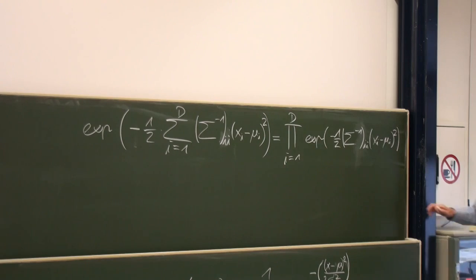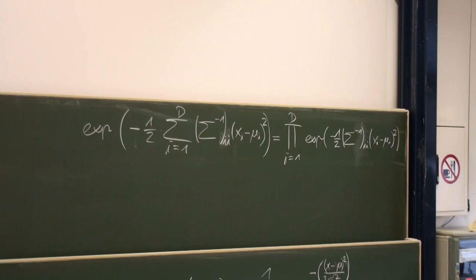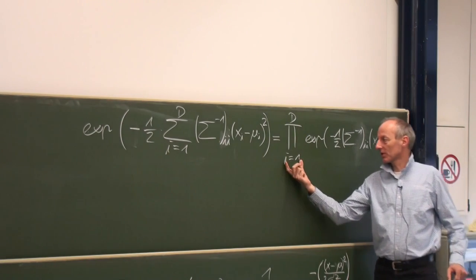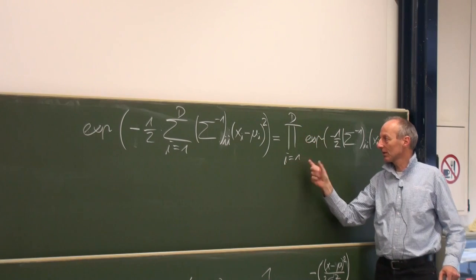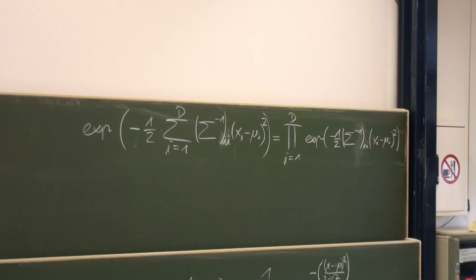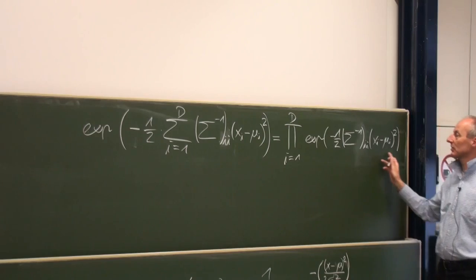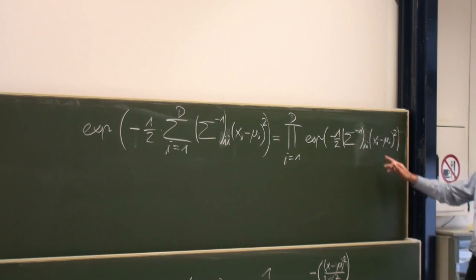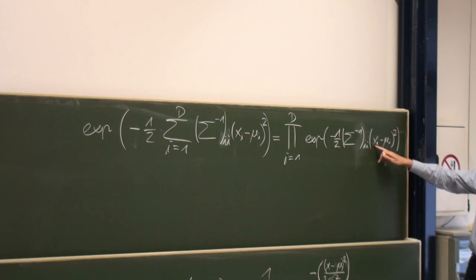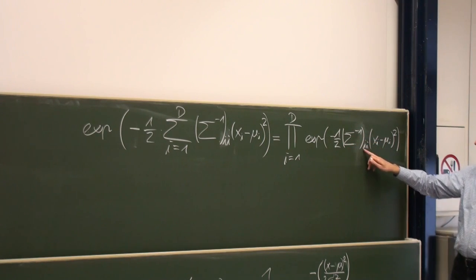So now what do we have here? I mean, here we have the product of d one-dimensional exponentials. So we have the product of d one-dimensional normal distributions. Look, this is one-dimensional. Here we have a scalar variable. This is just a number, ii.